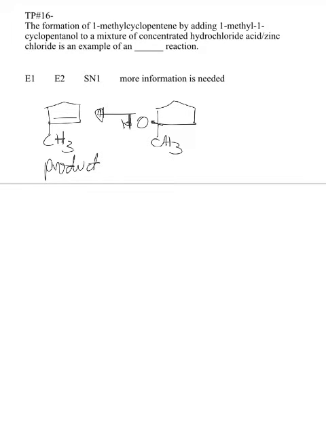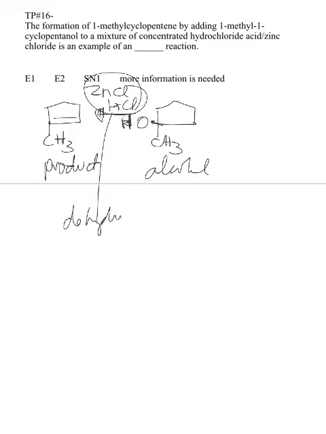Okay, so you have an alcohol. And you're going to add zinc chloride and hydrochloric acid, HCl. So these are very strong dehydrating acids. And you have an alcohol.